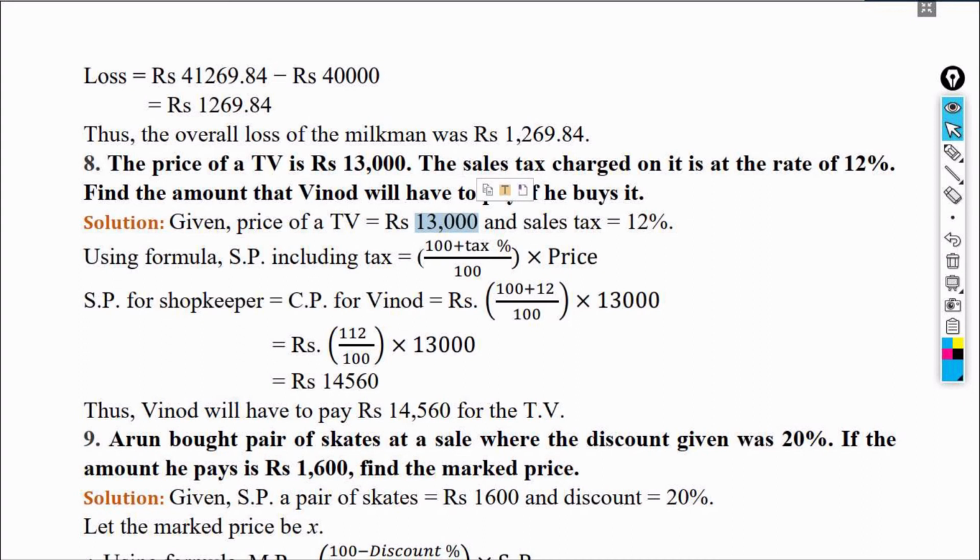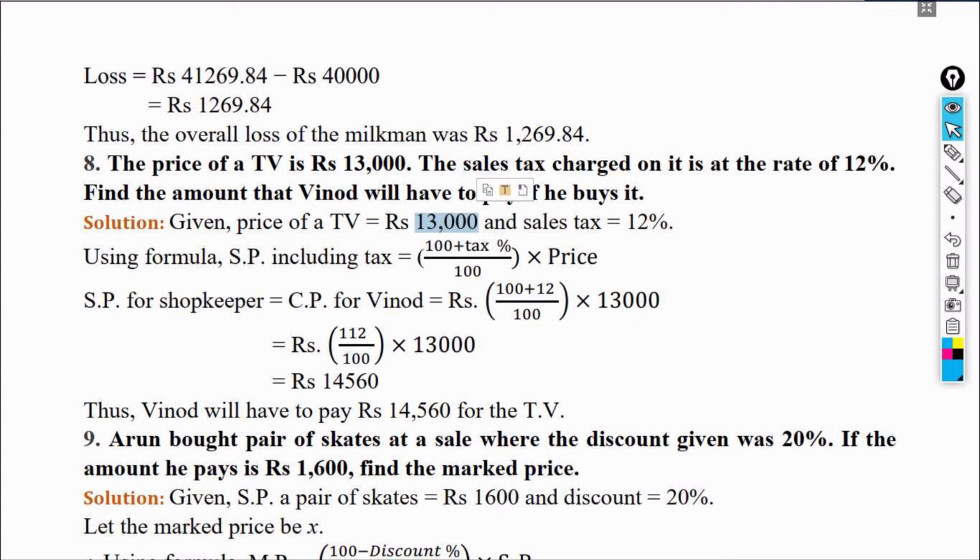Then selling price including sales tax equals 100 plus tax percent divided by 100 into CP. Now SP for the shopkeeper equals CP for Binod, that is equal to rupees (100 plus 12% sales tax) divided by 100 into 13,000.